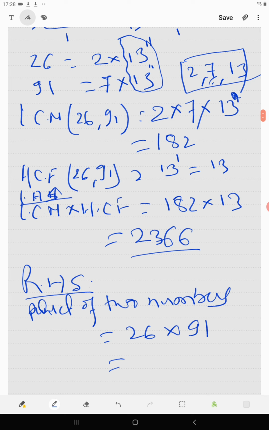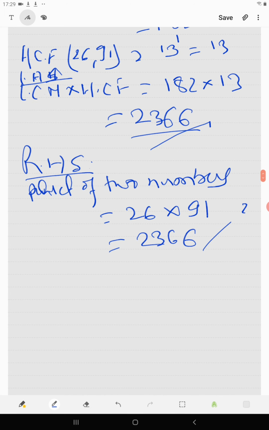So 26 ones is 26. So 6. We have 2 in hand. 26 nines is 20 nines is 180. 9 sixes is 54. So 180 plus 54 is 234. 234 plus 2 is 236. So we have got both as 2366.